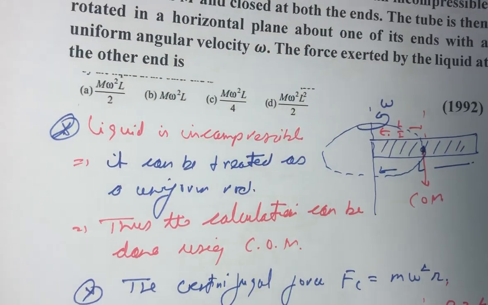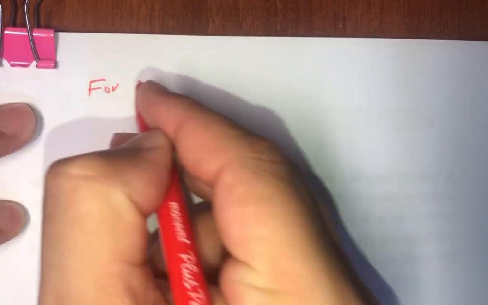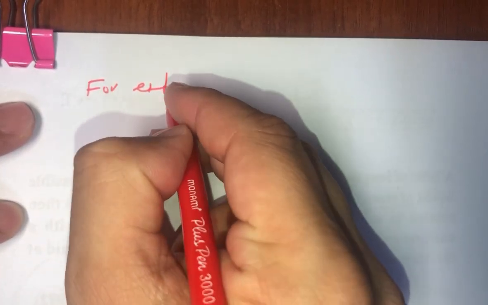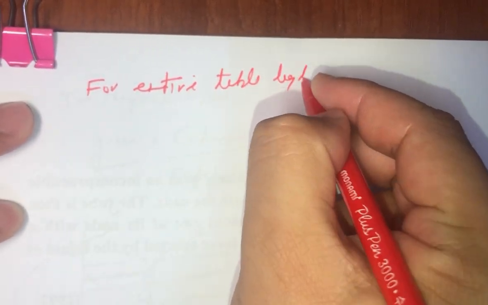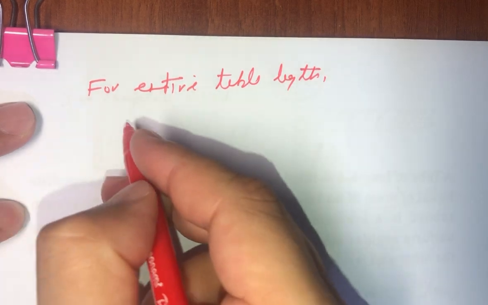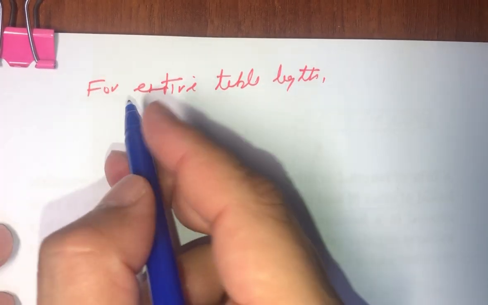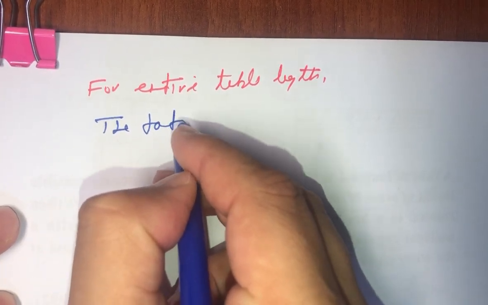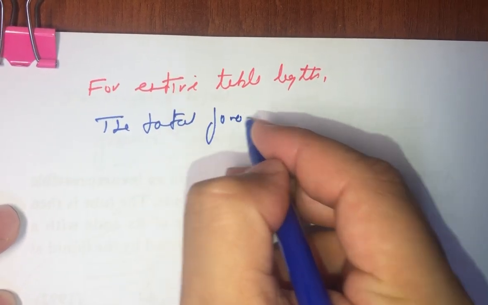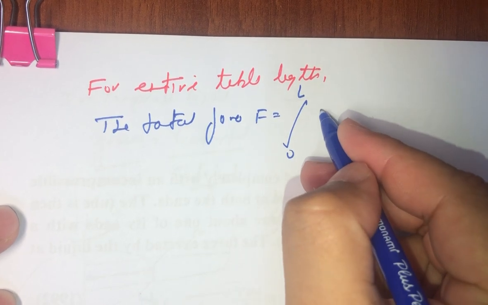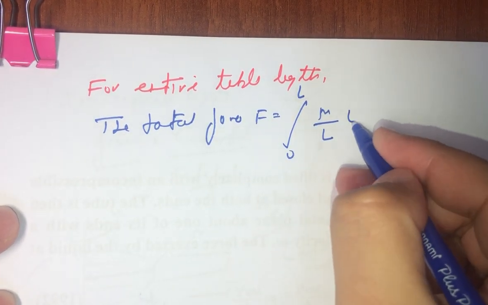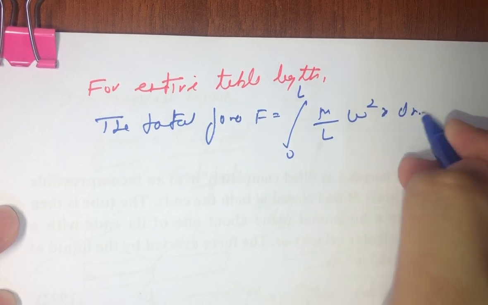So now for the entire tube length, the total force F will be equal to the integration from 0 to L of m by L omega square x dx.